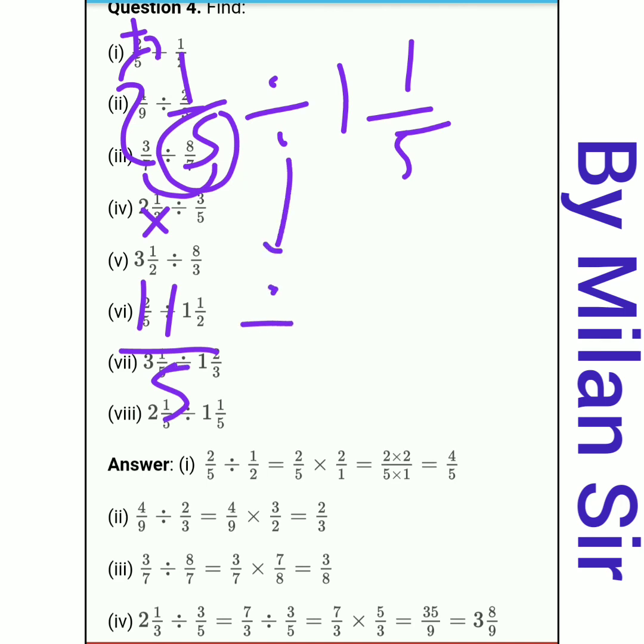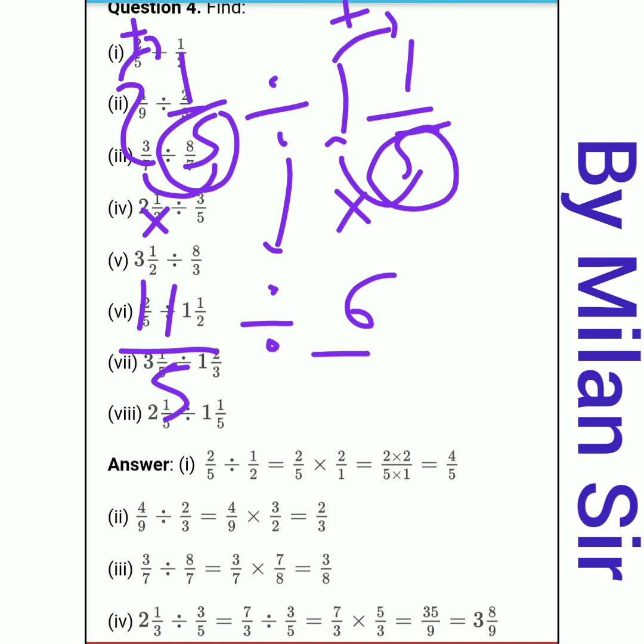The division stays as it is, because first we need to convert our second number, that means our denominator, into an improper fraction. So 5 ones are 5 plus numerator 1 is 6, divided by 5 as it is.